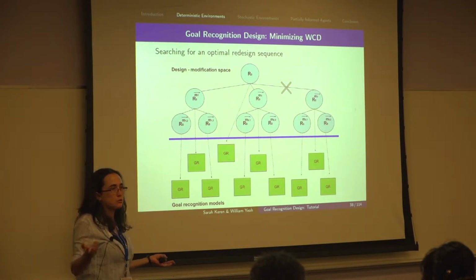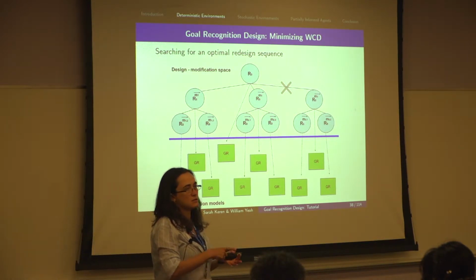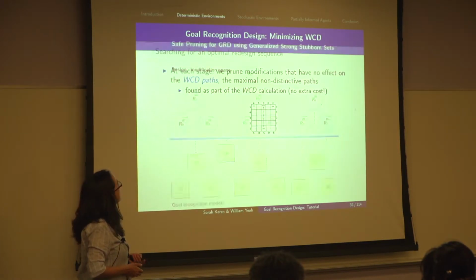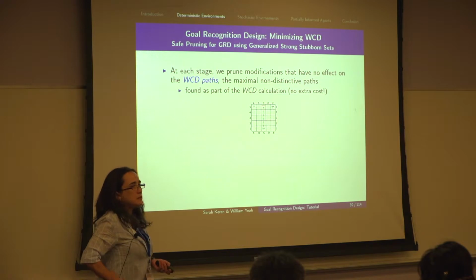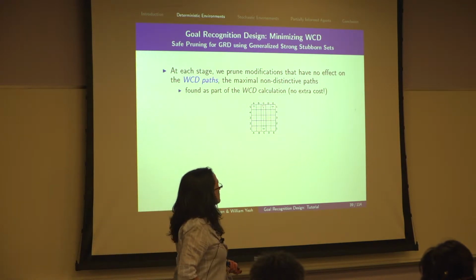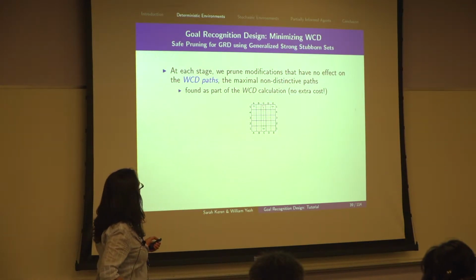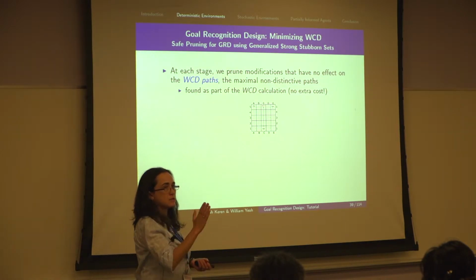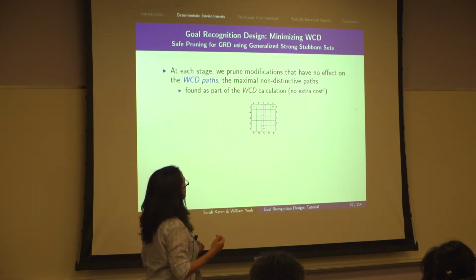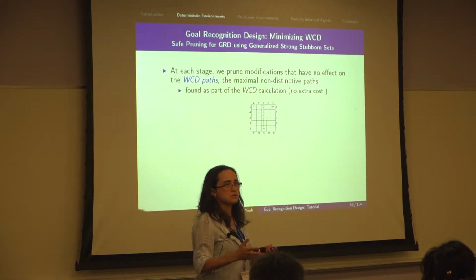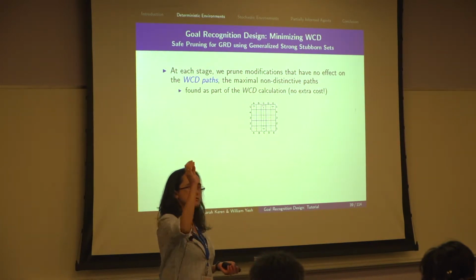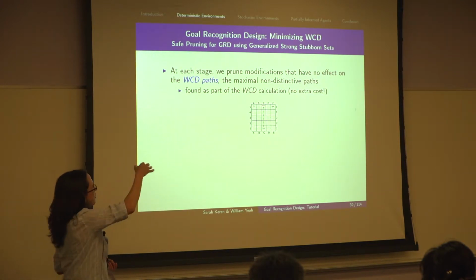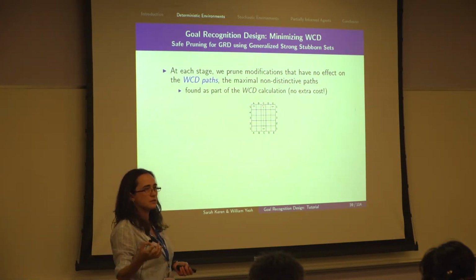And what we want to do is either heuristically search this space or prune any irrelevant modifications. So what we did in our first work was to show that the path that maximizes the worst case distinctiveness is one where we could focus our search. So instead of looking at all modifications, we only looked at modifications that actually change this path, for example, block actions on the worst case distinctiveness path.